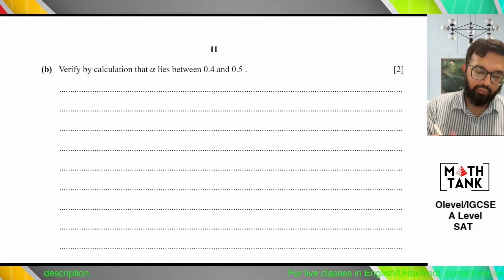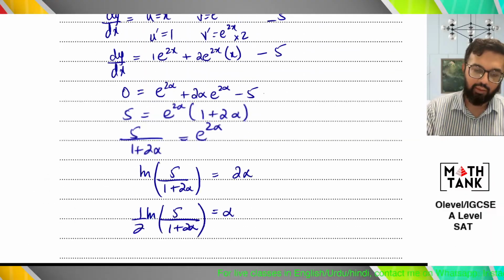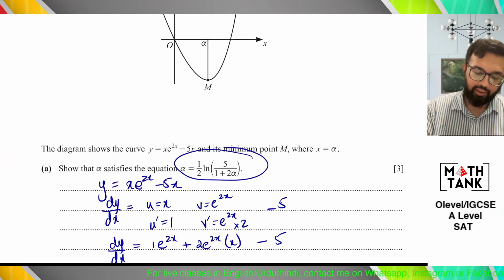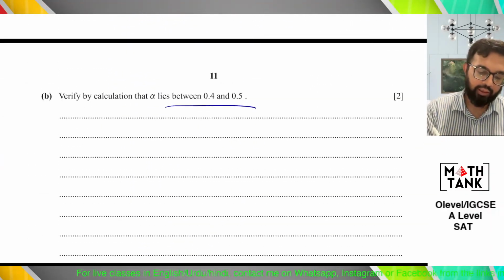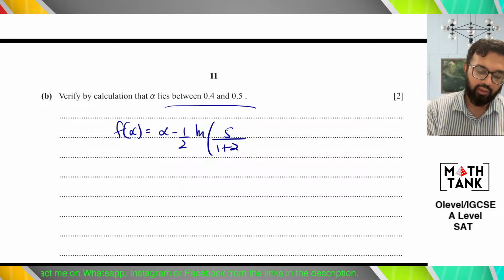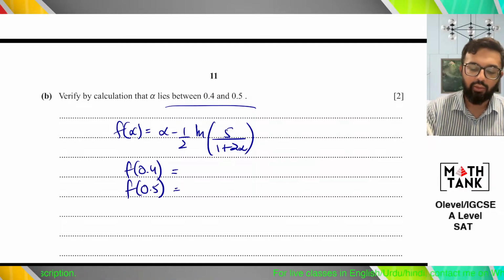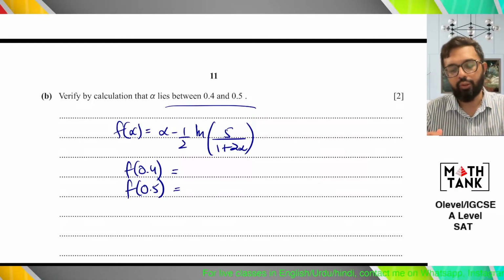Okay. Verify by calculation that this alpha lies between. तो उसके लिए क्या करना पड़ता है, पहले सबको एक साइड पे लाके एक फंक्शन बनाना पड़ता है. The function of alpha is alpha minus half of ln 5 over 1 plus 2 alpha. इसमें एक दफ़ा मैं 0.4 लगाऊंगा और एक दफ़ा 0.5 लगाऊंगा and I will show you a change of signs. Change of sign indicates root.